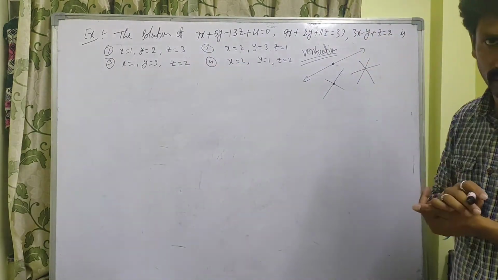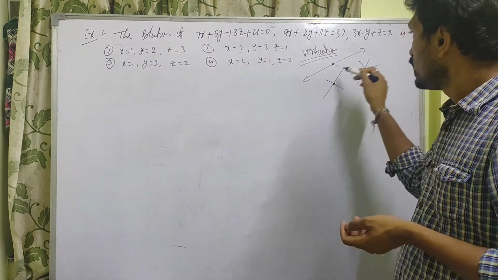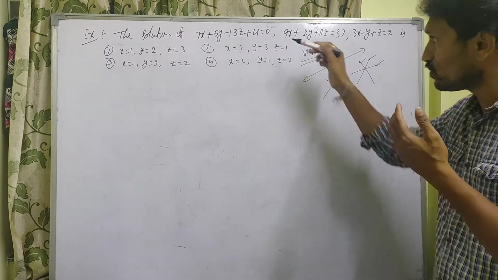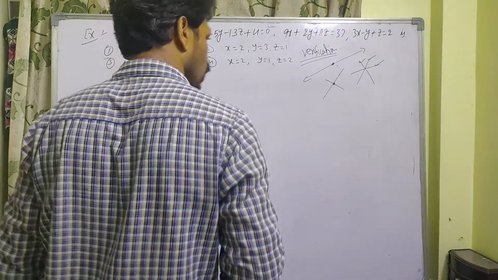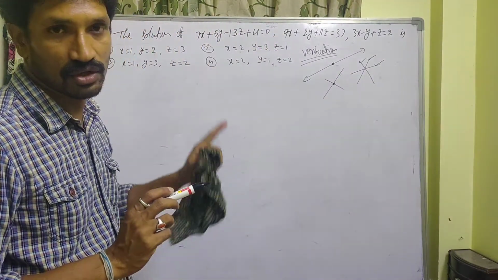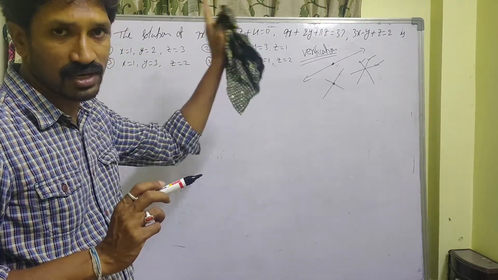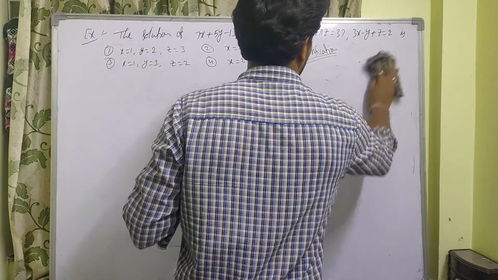Similarly, if it satisfies like this, the first equation, second equation, and third equation, then it is the only answer. So don't underestimate the given first equation by the second or third equation. That option should satisfy all the equations. Okay. See, verification.